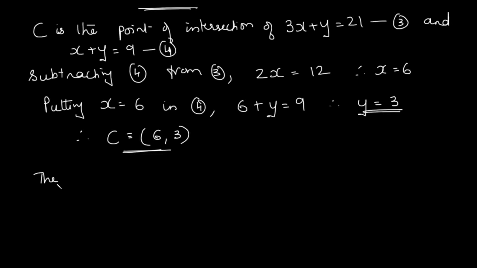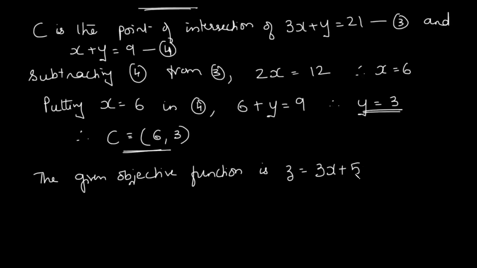The given objective function for us is z is equal to 3x plus 5y. And therefore we put Z_O, the values of the origin, which is 3 into 0.